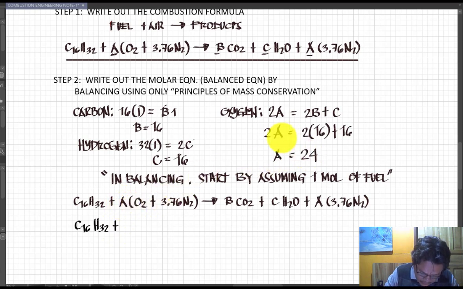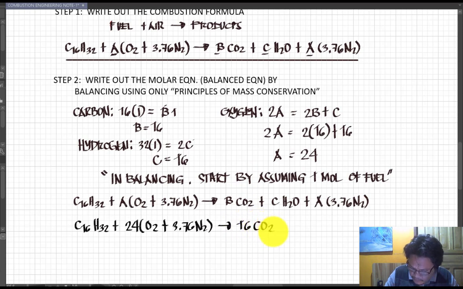We have 24, so we have 24 oxygen plus 3.76, that will be your nitrogen. Then go to the product. The value of B will be 16, so we have 16 CO2 plus the value of C, which is also 16.